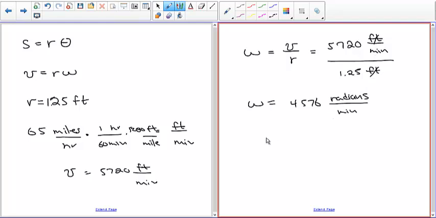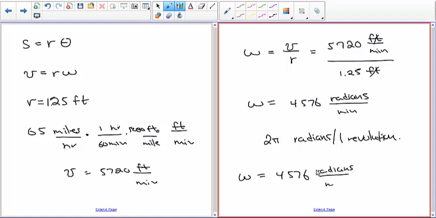There are 2 pi radians per 1 revolution. So the rotational speed is going to be 4,576 radians per minute divided by 2 pi radians per revolution.